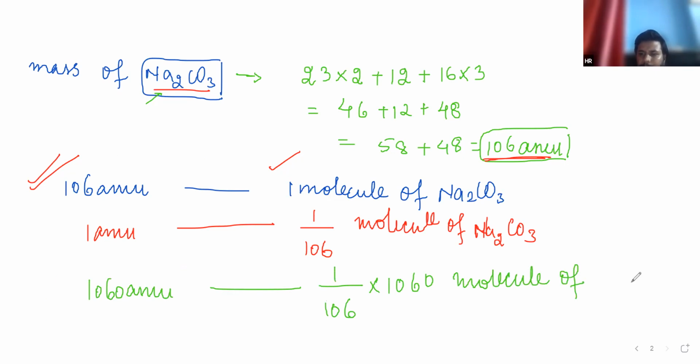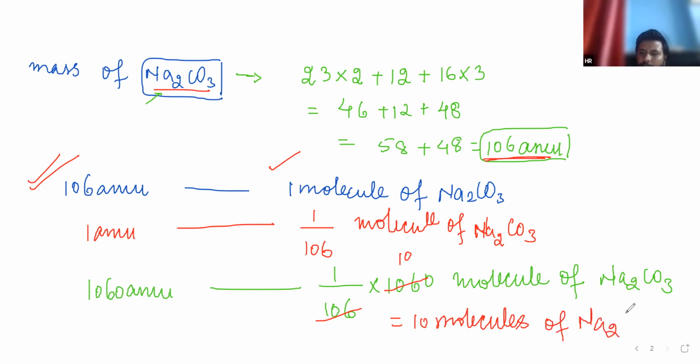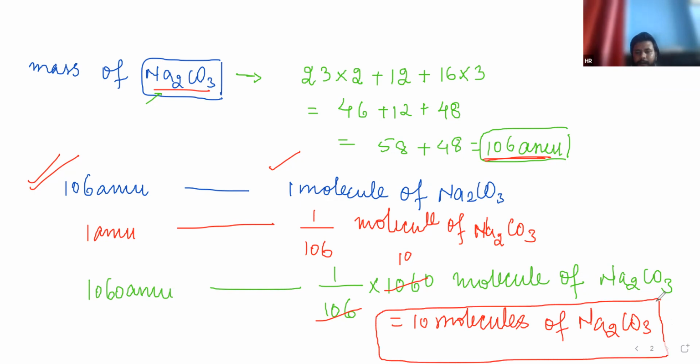And we will just solve it and we will get the answer, but not the number of atoms, but 10 molecules of Na2CO3. We need to find the number of atoms, but here what we get is the number of molecules. Now focus on it. 10 molecules of Na2CO3.